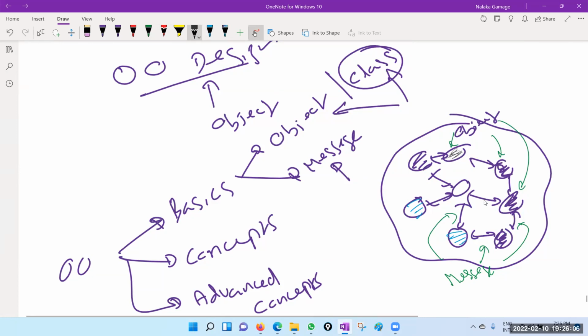We can't model and represent each and every object at the designing level and at the programming level as well. So in order to represent all the account objects, we create an account class. To represent all the payment objects, we create a payment class.